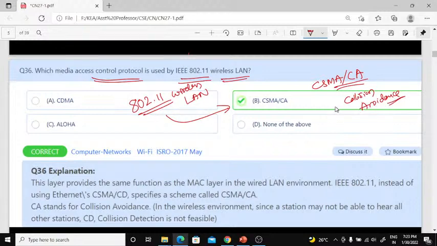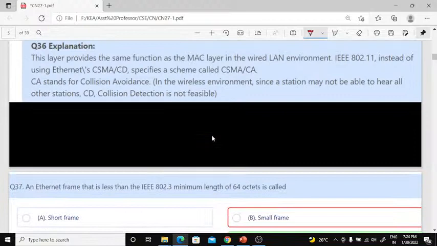In a wireless environment, since a station may not be able to hear all other stations, collision detection is not feasible. So the media access control protocol used in the 802.11 wireless local area network is CSMA/CA.